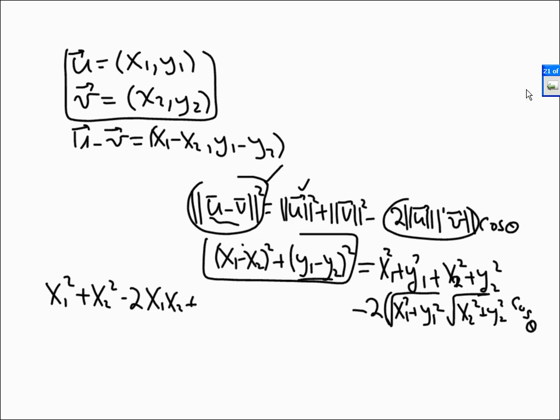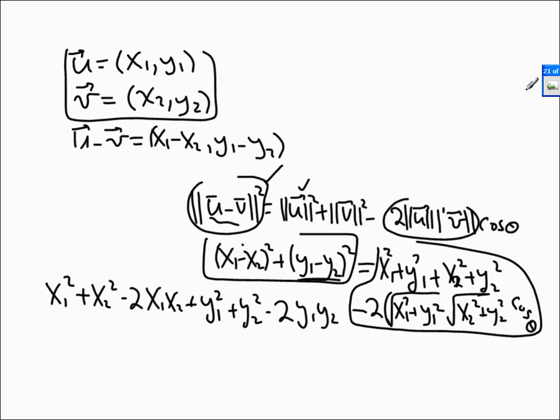Plus y1 minus y2 squared is y1 squared plus y2 squared minus 2 times y1, y2. And it equals this mess. Well, the first thing I would do is take away x1 squared from both sides, y1 squared from both sides, x2 squared from both sides, y2 squared from both sides.